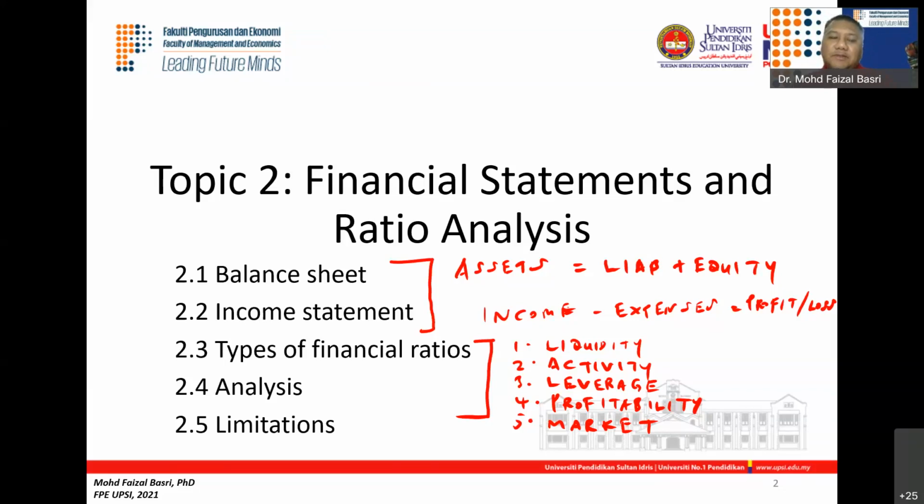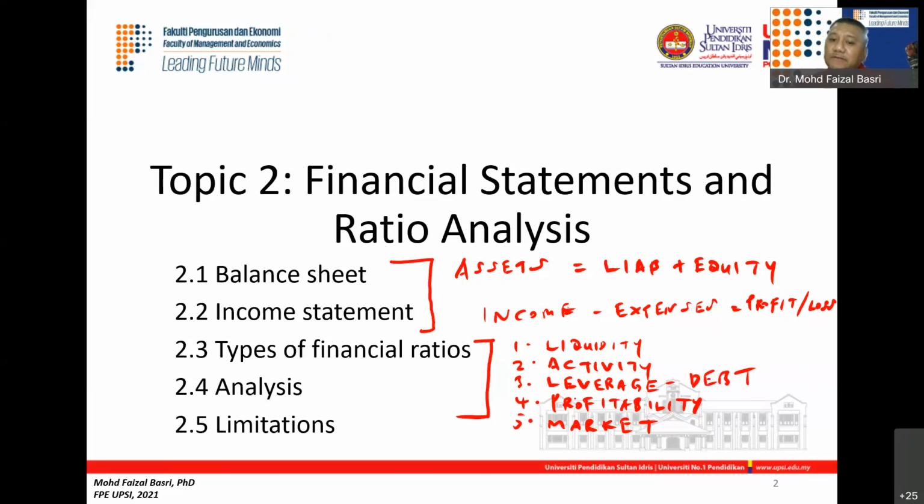Leverage is all about debt, hutang. Ratio number 3, leverage, is about how they manage their debts. For this ratio, usually we want to keep it at a lower level, because leverage indicates debt. Ratio number 4, the category is profitability.